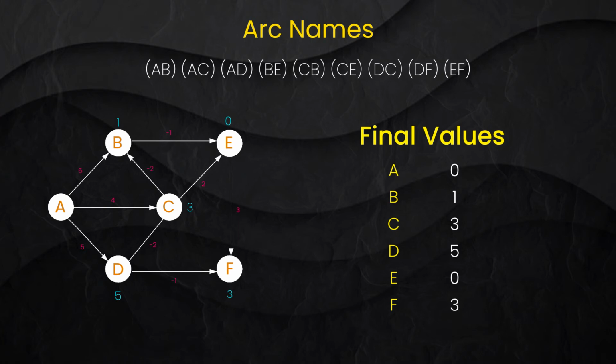So the minimum distance from A to B will be 1, A to C will be 3, A to D will be 5, A to E will be 0, and A to F will be 3.